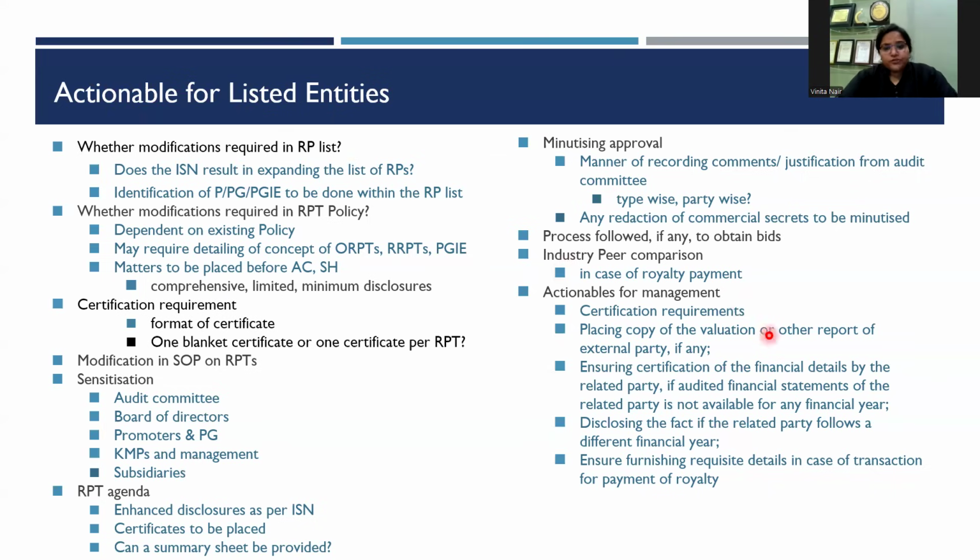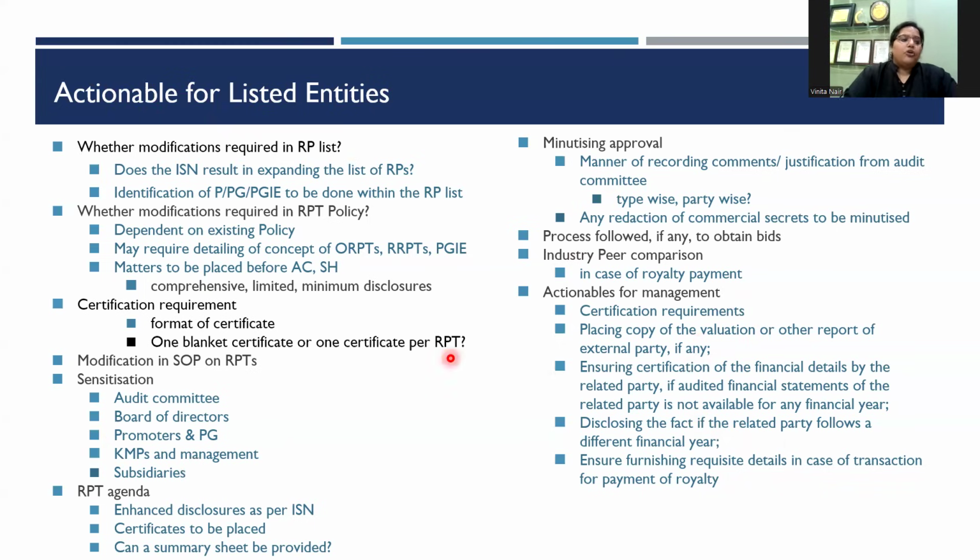Therefore, there are a lot of actionables for the management, right from the certification requirement, the data collation requirement, ensuring that you have the requisite details depending on the nature of transactions to be able to place before the audit committee and giving those certificates.